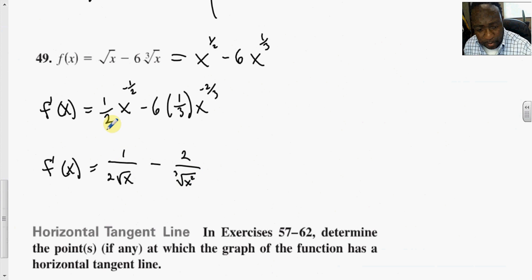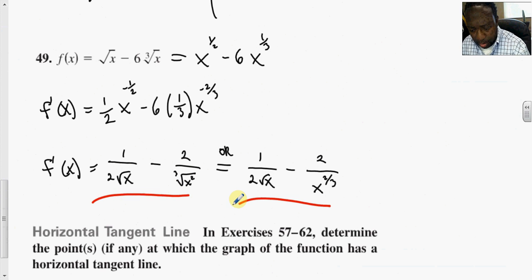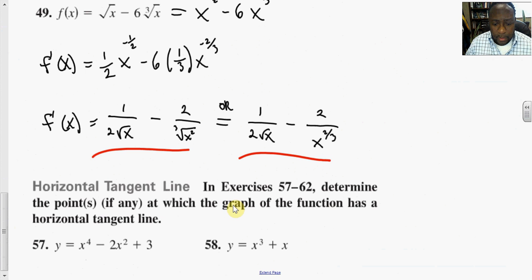I wrote it like that to match up with this form here, but obviously you could have written this as 1 over 2 times the square root of x, minus 2 all over x to the 2/3 power. So again, either way you write that, it's fine.